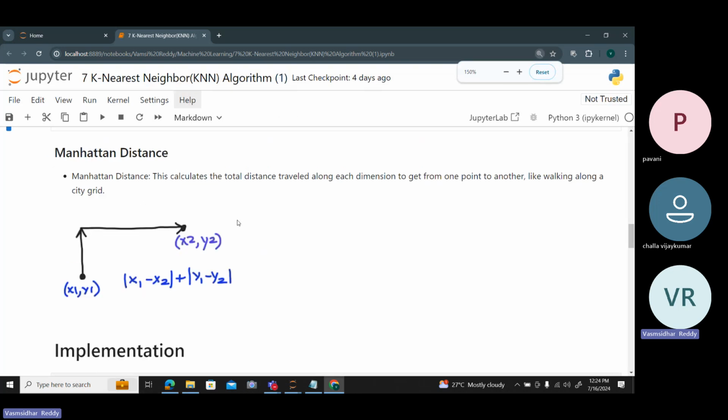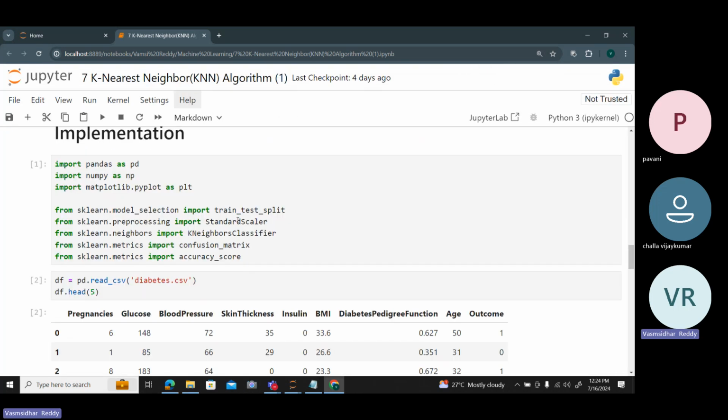For implementation, I am importing packages: pandas, numpy, matplotlib, and seaborn. From sklearn.model_selection import train_test_split, it's a common thing. And StandardScaler, if you want to apply normalization.